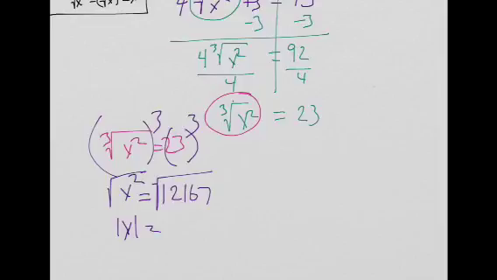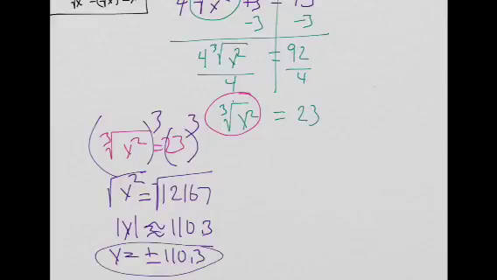So I'm going to say the absolute value of x equals the square root of 12,167, which is approximately 110.3. So in this case, x can equal plus or minus 110.3, because again, we get two answers because a negative 110 and a positive 110 are going to square to the same number.